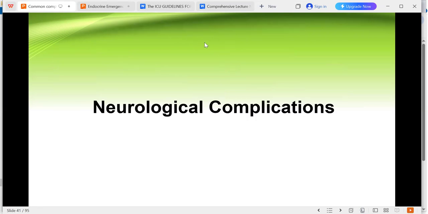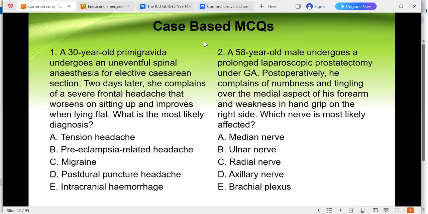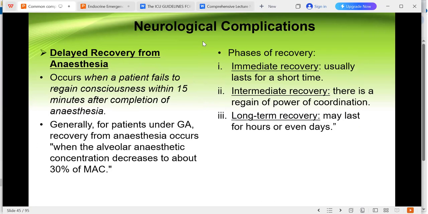Now, neurological complications. We talked about stroke, but I want to focus on delayed recovery from anesthesia. When do we say a patient is having delayed recovery? When a patient fails to regain consciousness within 15 minutes after completion of anesthesia. You could be asked this.